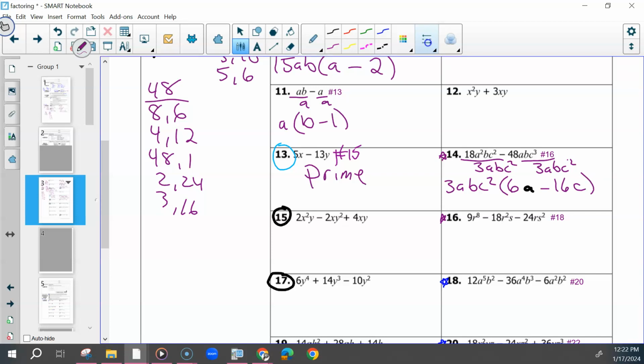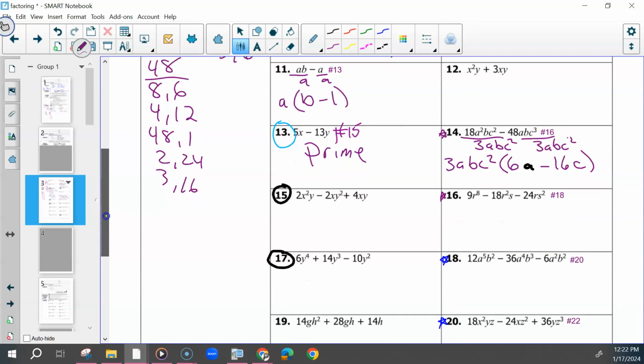Could I divide something else out of 6 and 16? Oh, wait. 2, because they're both even. So if you notice that you could still divide something else out, that means you didn't divide the highest GCF out, which is okay as long as you recognize this. So I can divide both of these by 2.